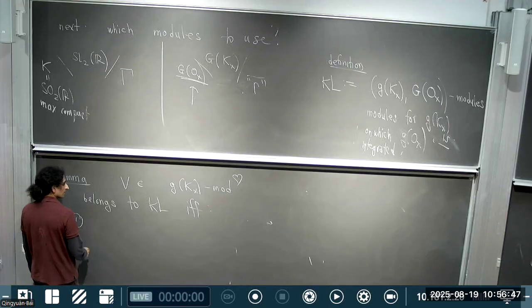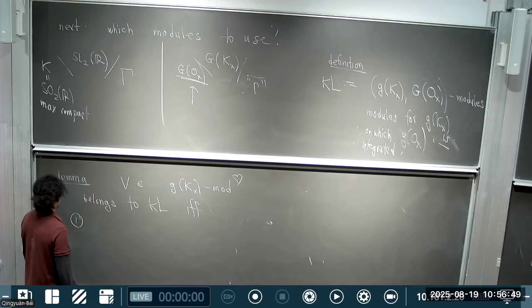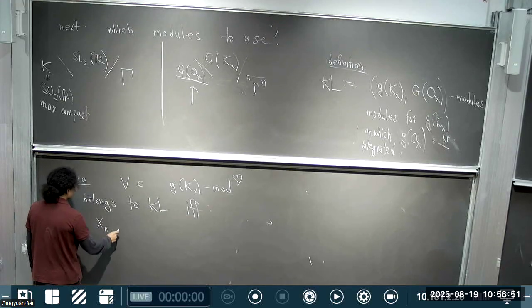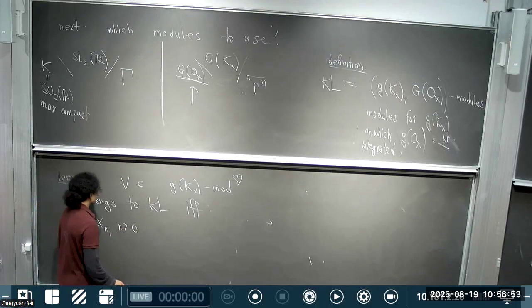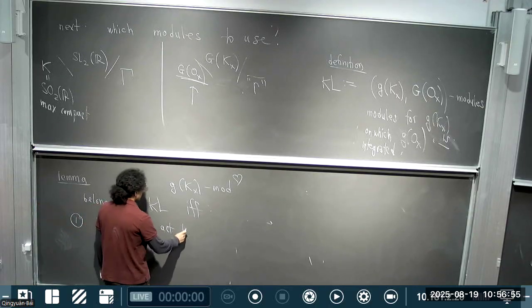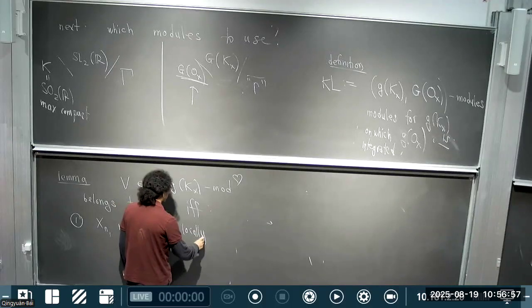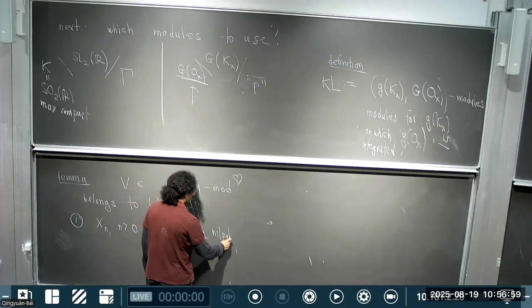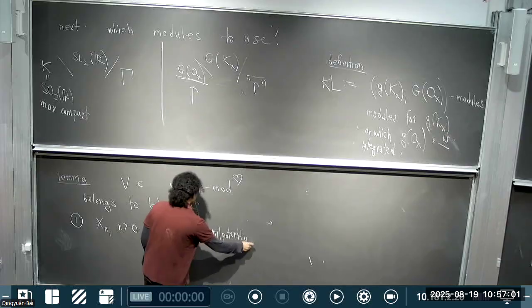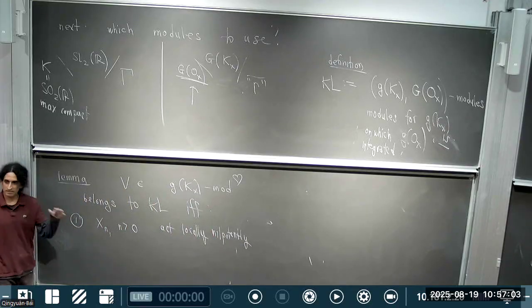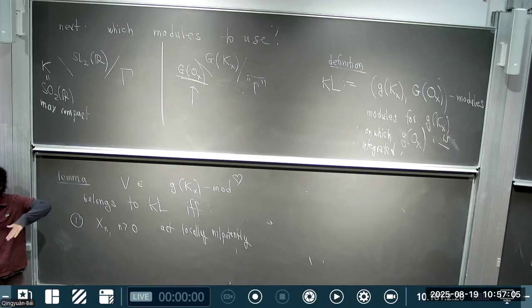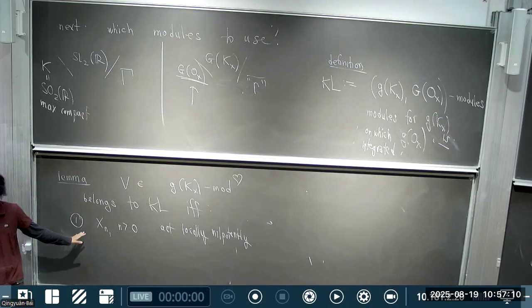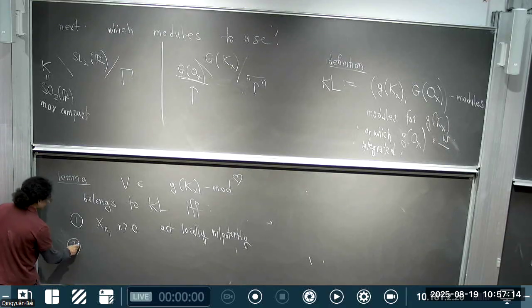If I take x_n, n greater than 0, these act locally nilpotently. This is sort of the first congruence subgroup, that's probably nilpotent. We want to see nilpotent actions of the algebra. And that's kind of the positive modes.